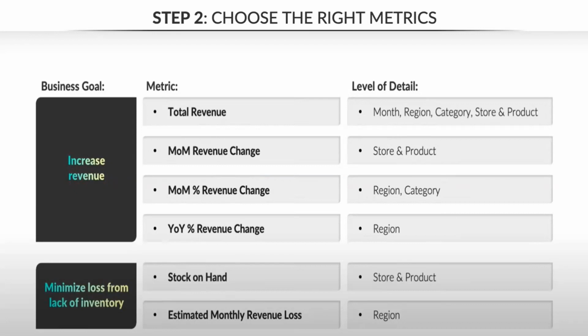Region wise or month wise they will not look, but store wise and product wise, what is the loss? Not every store or every product may be the reason, but they look for which store and which products are the reason.